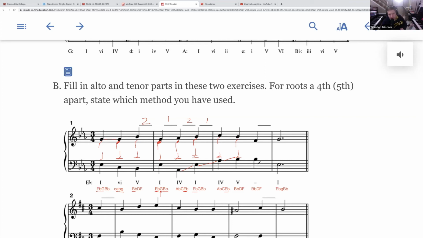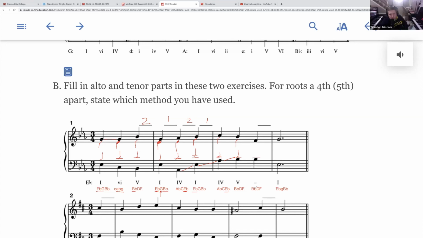All right, now we stay the same. What does that mean? We don't have a lot of room to work with. We just need a third and a root, right?